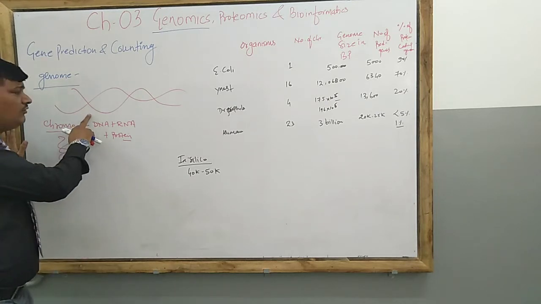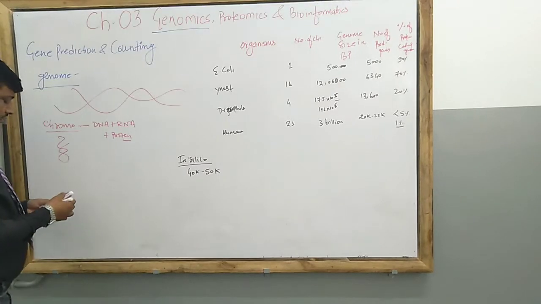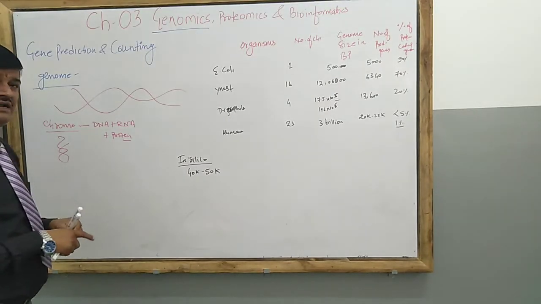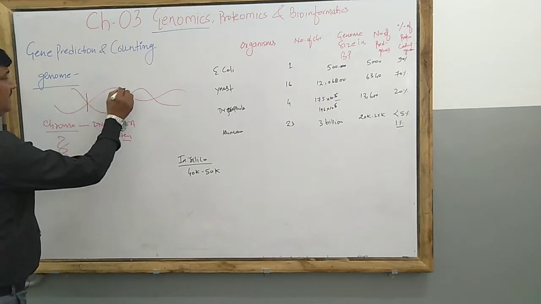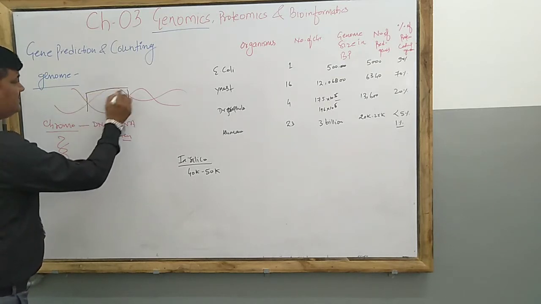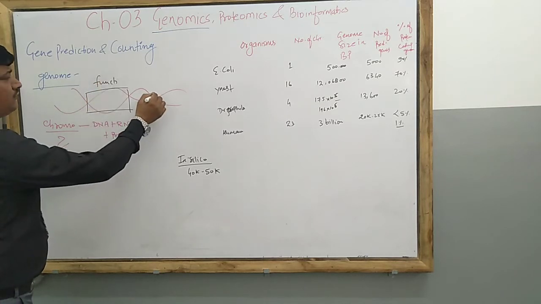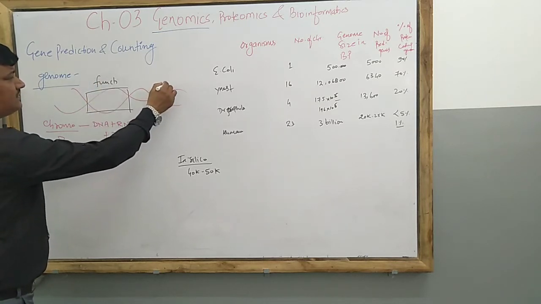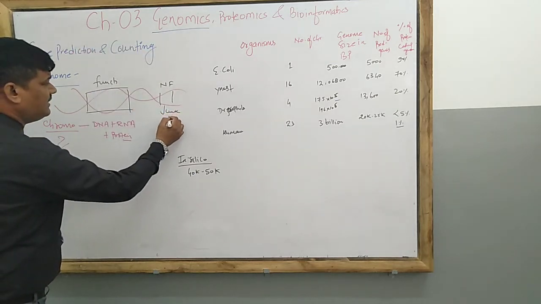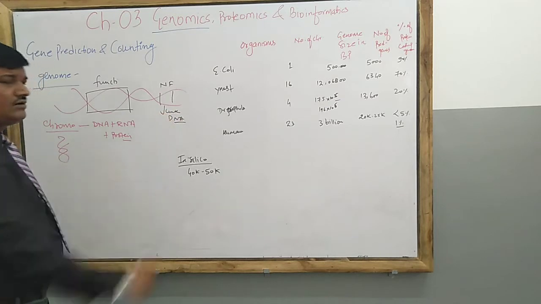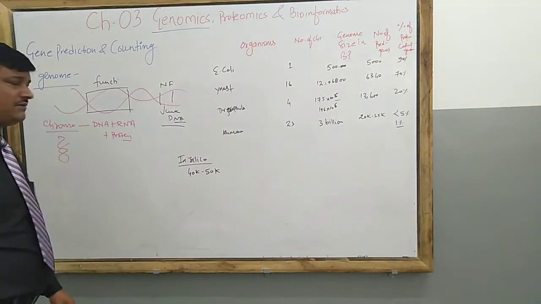Now, if we are talking about the double helical structure of DNA, not all parts of DNA are functional. Suppose I take this region from here to here. This is the region which is functional. Suppose this region is non-functional, so it is known as junk DNA, and it does not code for any kind of protein formation.